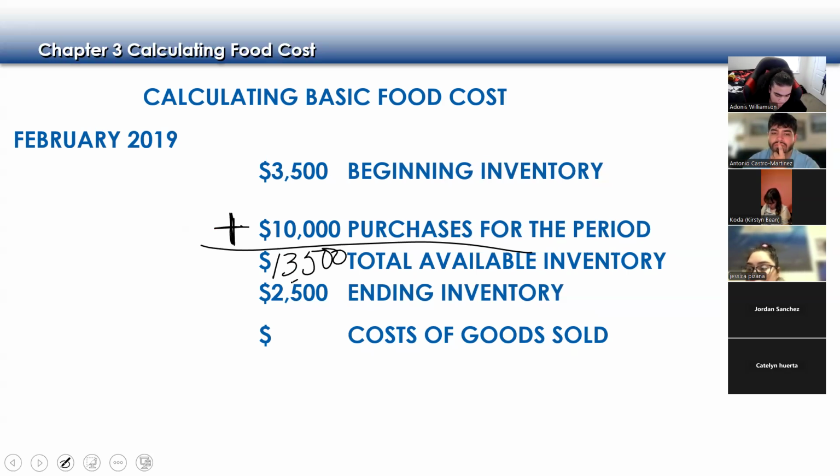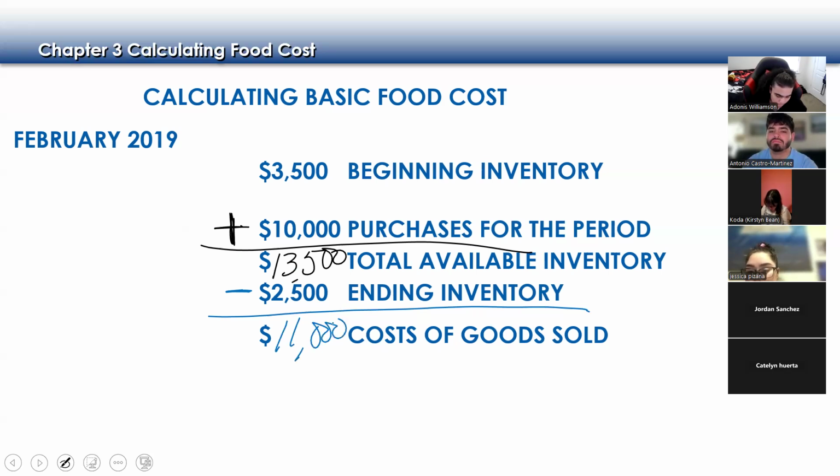Okay? Now, end of the month, I go into my inventory, I count everything up, and come to find out that I still have $2,500 worth of inventory left. So I have to subtract that. And what do I get? $11,000.